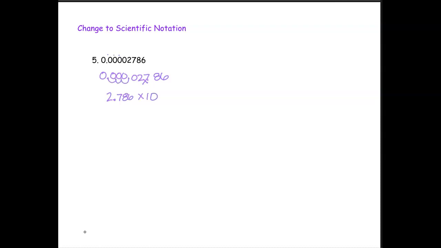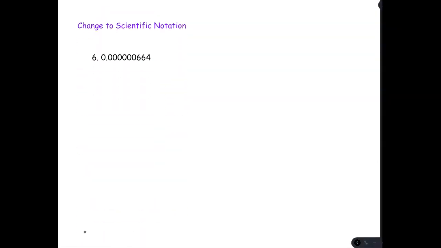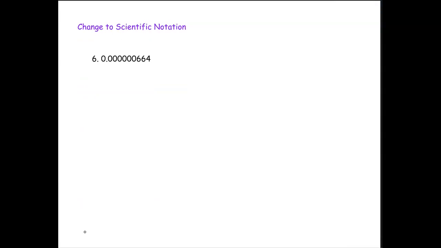One, 2, 3, 4, 5. Look back at my beginning number. It's a small number, smaller than 1. So I have a negative exponent. Here's where I start.